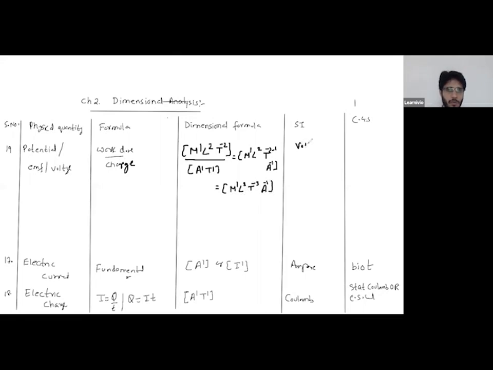SI unit is good. We won't study CGS in these cases. Only SI is enough. M1 L square T minus 3 A minus 1.